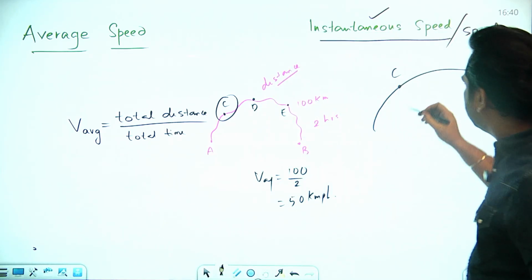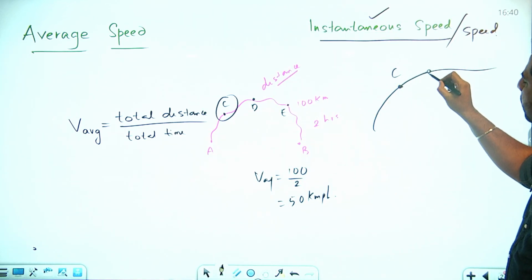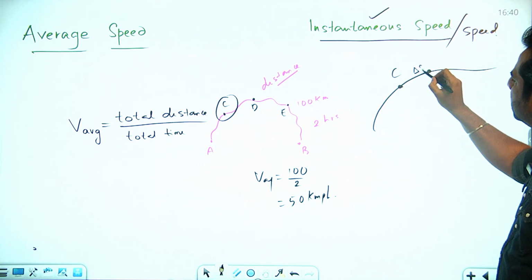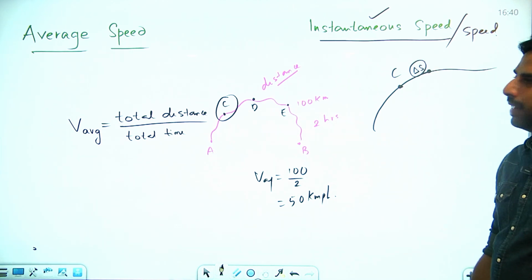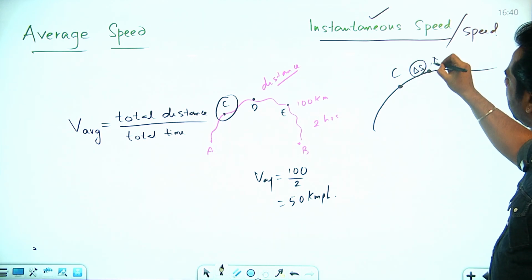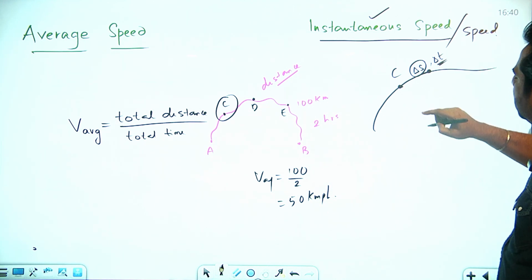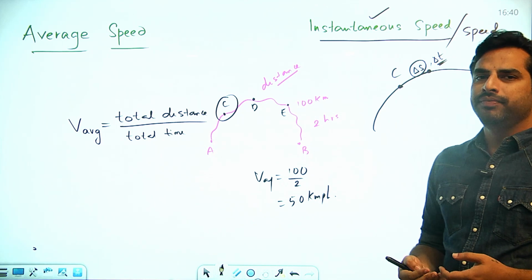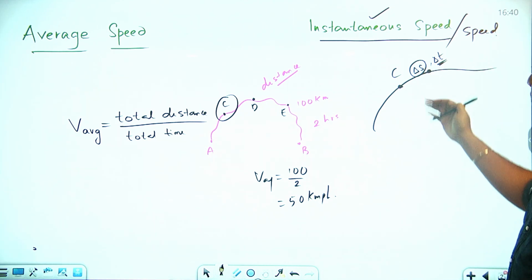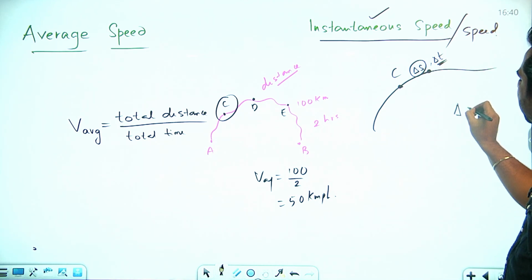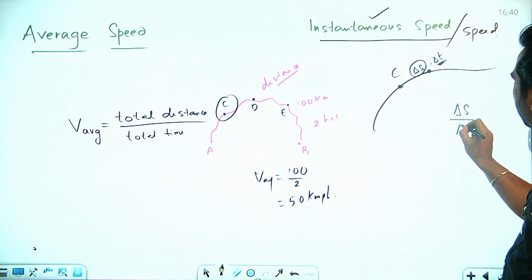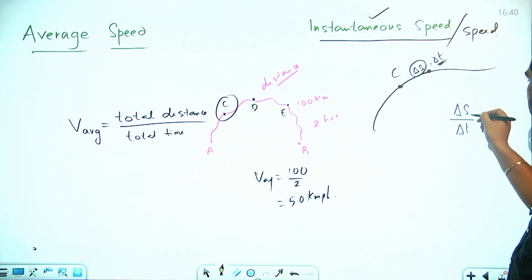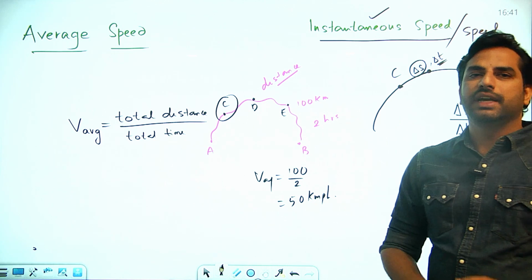In that time, by the time you take the snapshot, it is already here, having covered a distance of delta S. So this is a very short interval of time, delta T, that has elapsed by the time you take the snapshot. In that duration, it has covered a distance of delta S. The average speed in that small interval of time is total distance by total time, that is delta S by delta T.